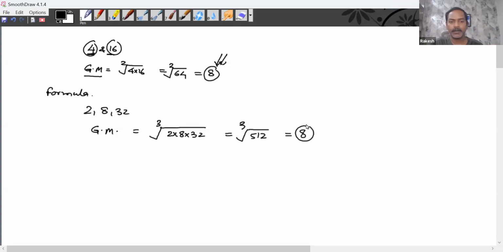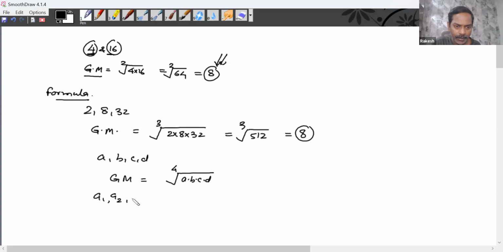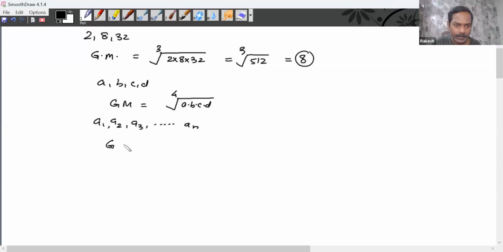If I extend this logic, we can say that if I have four numbers A, B, C, and D, and we want to find the geometric mean, then of course it would be the fourth root of their product, whatever the positive values of A, B, C, D are. So we can extend this logic to create the formula. For n terms, say A1, A2, A3, etc. till An, if I want to find the geometric mean, then the formula is that we have to take the nth root of their product.